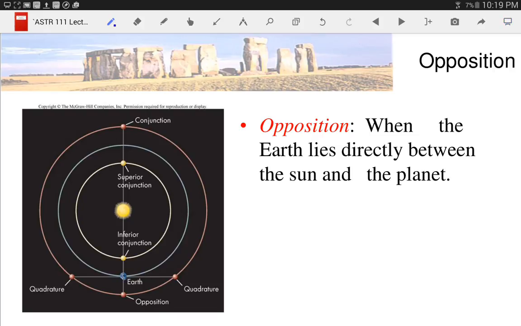So if you look here, if we're on Earth, if we had Mars right here, that would be in opposition because Mars would be in this direction and the sun in that direction. It's a simple term, right? Easy to understand? Vocabulary word that you want to add to your vocabulary. So opposition can only occur with planets that orbit farther away from us than the sun.